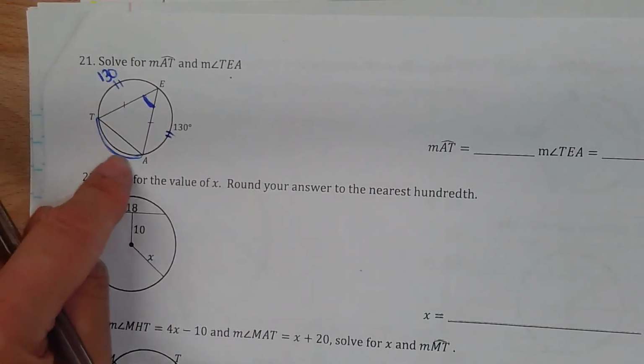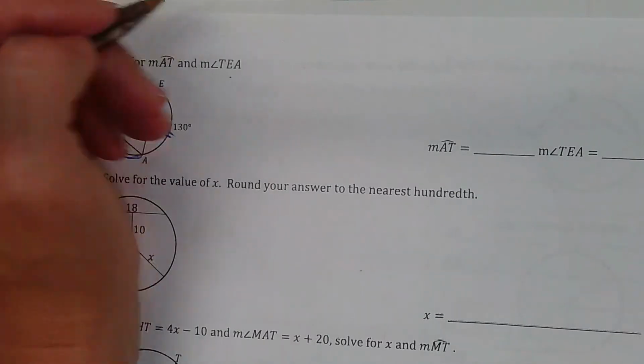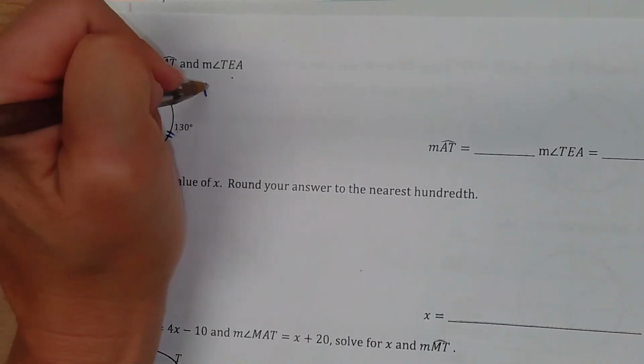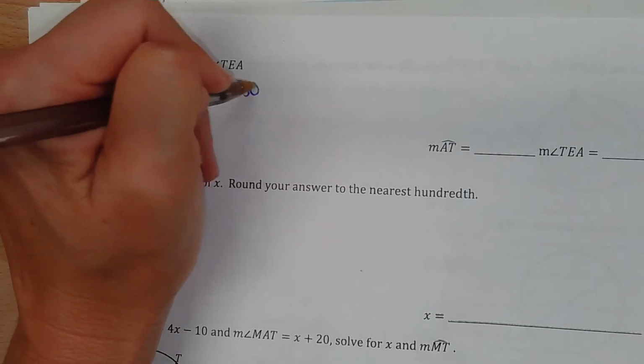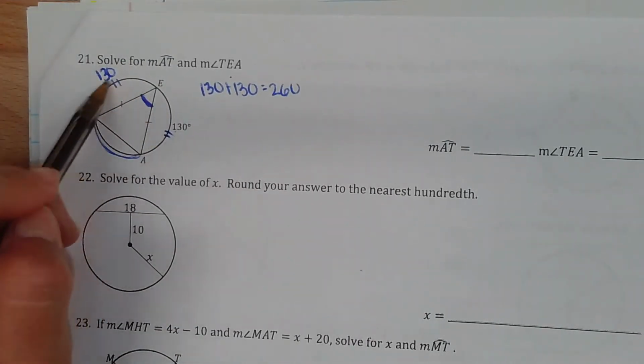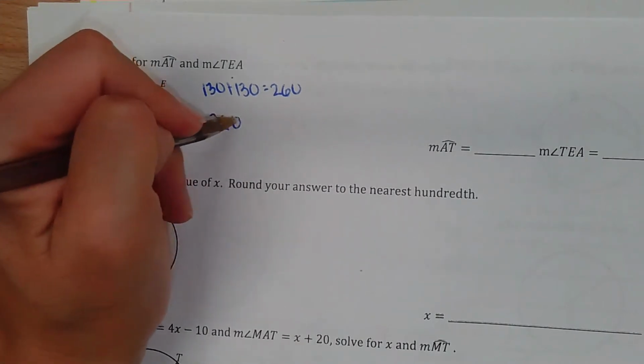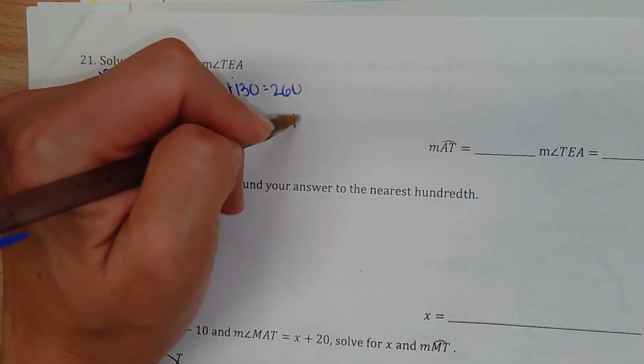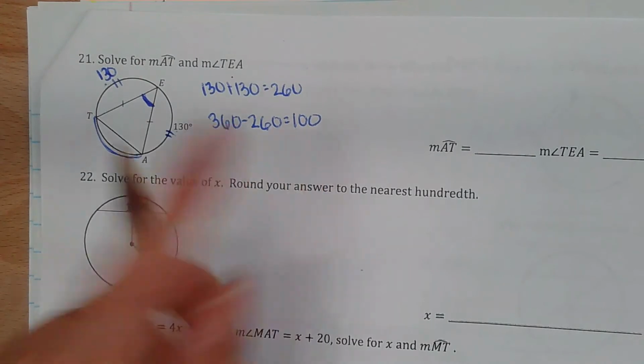Okay, and then to find this arc, we would add these together, 130 plus 130, and we would get 260. We would subtract it from the whole circle, 360, and we would end up with 100.